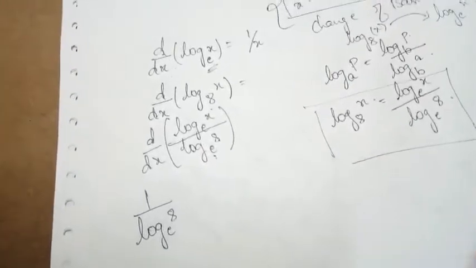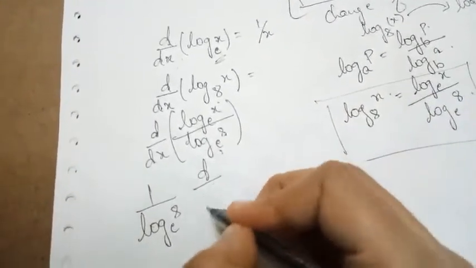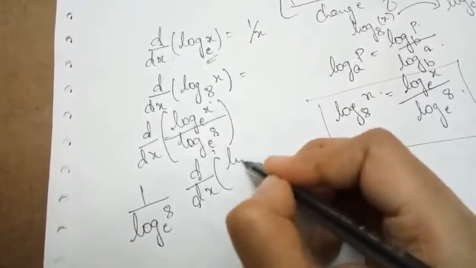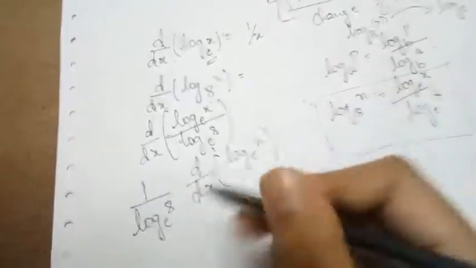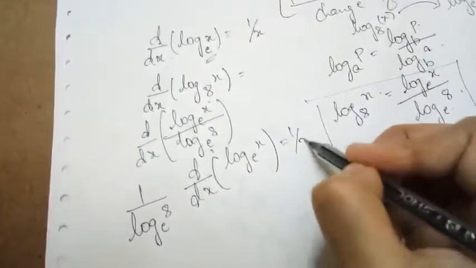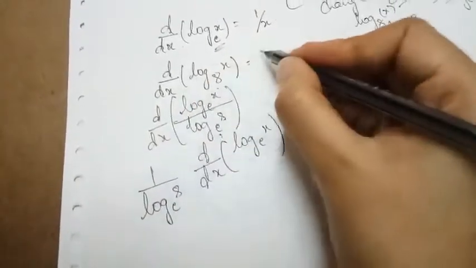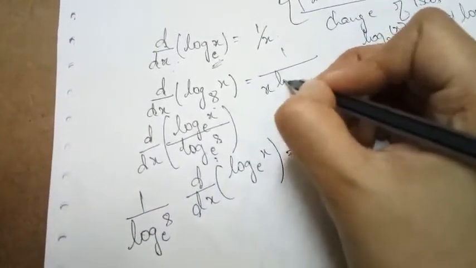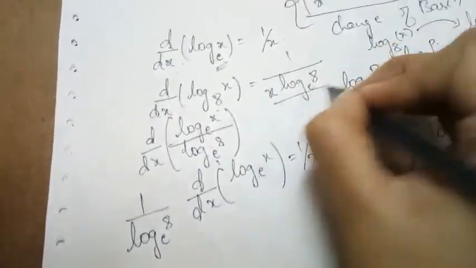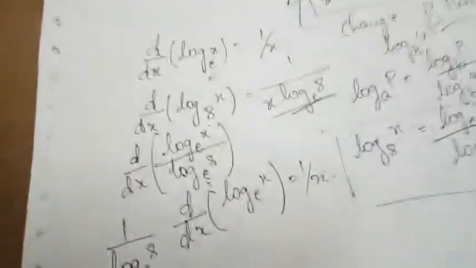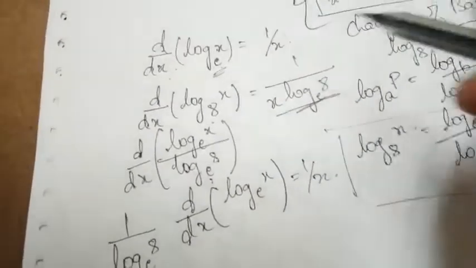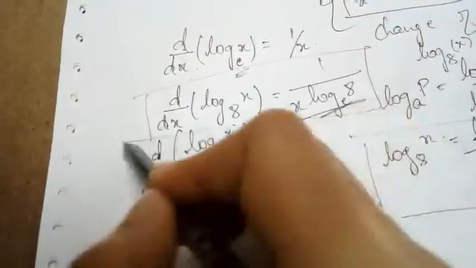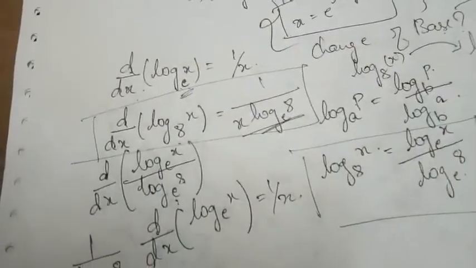A constant is kept outside. So we are going to find the derivative of log base e of x, which is equal to 1 by x. So clearly the derivative of this one is 1 divided by x log e 8. This is a constant value, which we can find through the logarithmic table. So this is the derivative of log base 8 of x. This is how the change of base is going to be used.